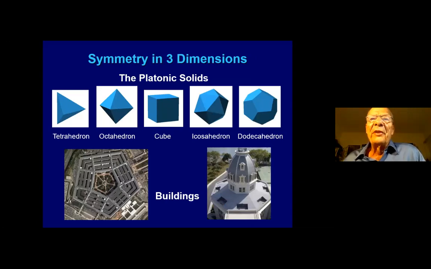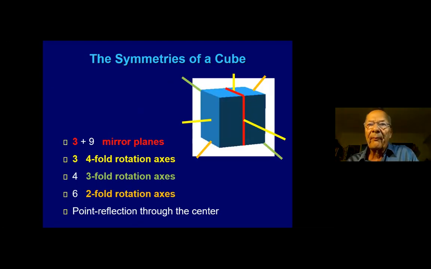Let's look at one simple object more closely. Let's look at the cube. What symmetries can we find in a cube? First, there are 3 mirror planes which are parallel to the cube faces, and also 6 more mirror planes through pairs of opposite edges.